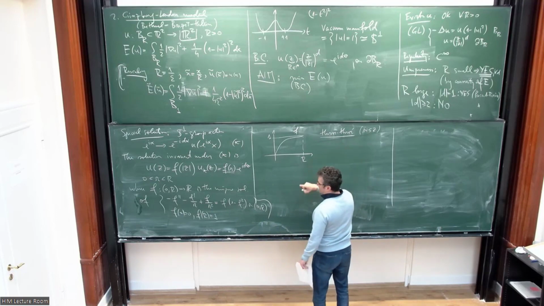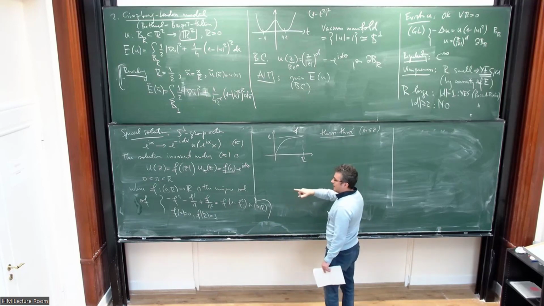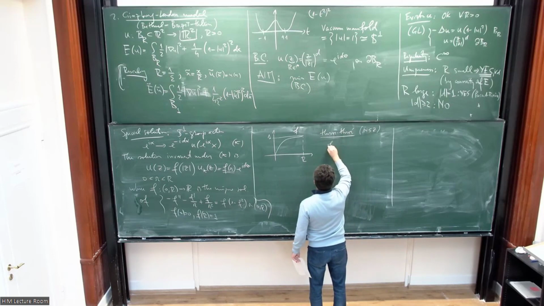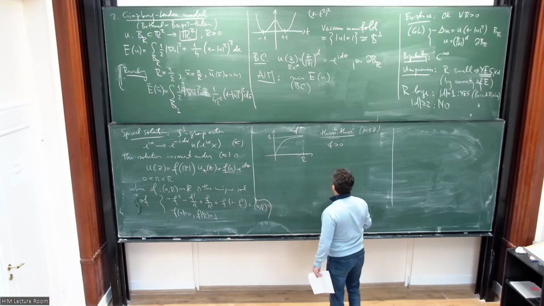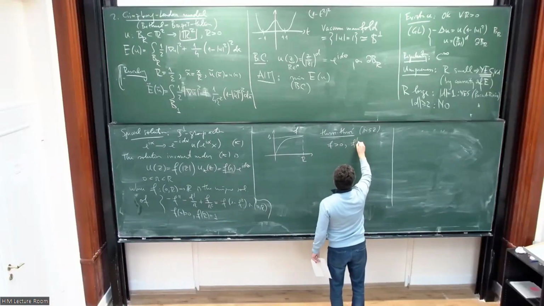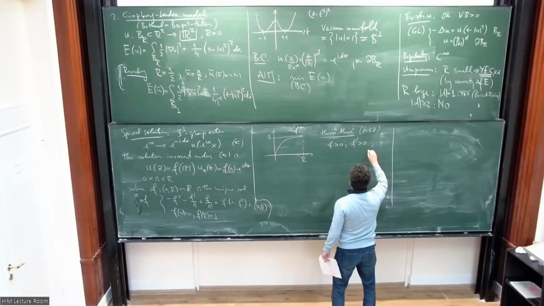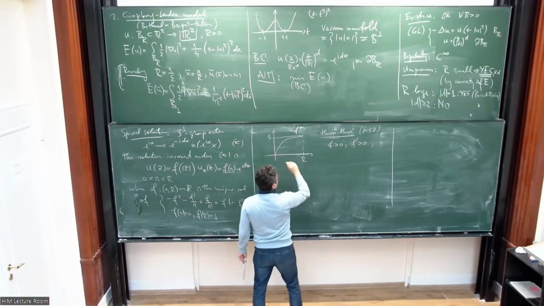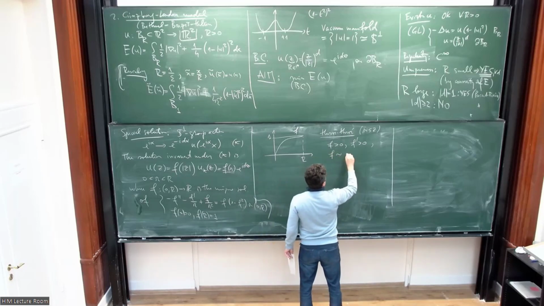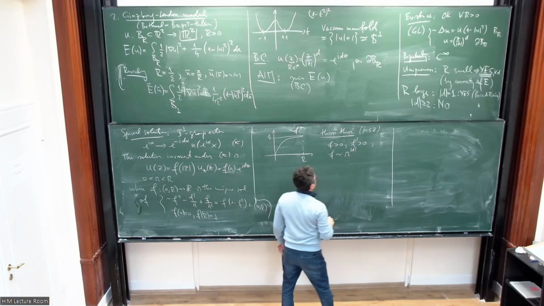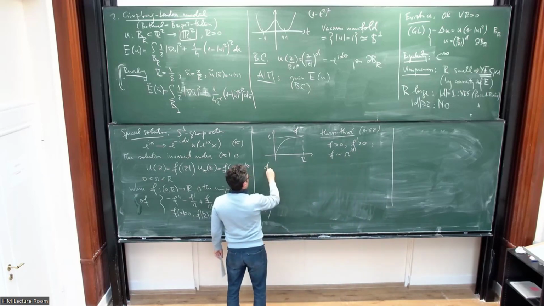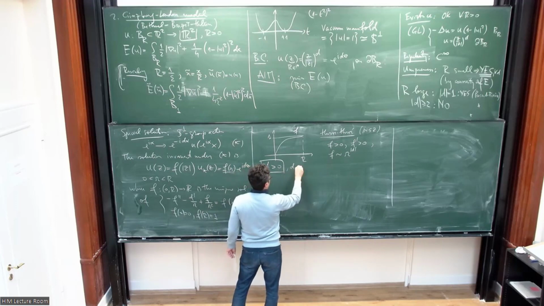What they proved is that this f is unique, f is positive in (0, r), f is increasing, and here f behaves like r to the power. So from now on, let me focus on d larger than 0 and d an integer.